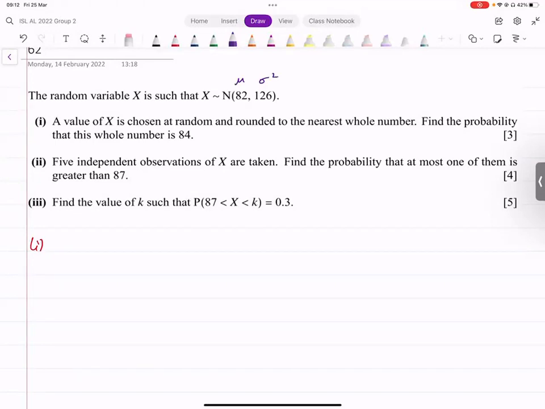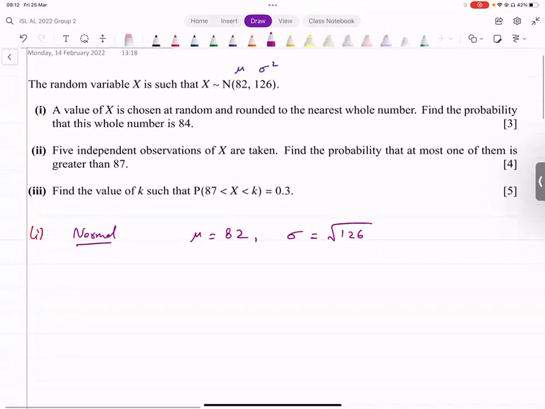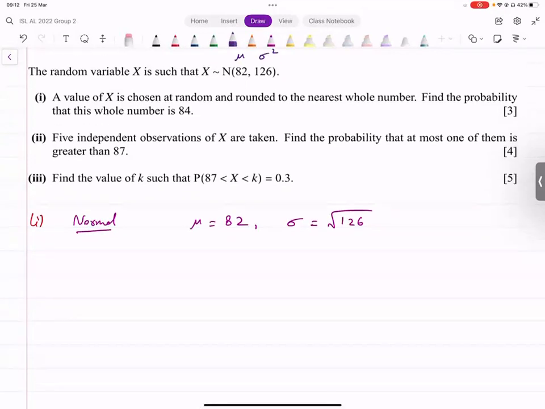So we've got a normal distribution where we know that mu is equal to 82 and standard deviation is square root of 126. Now value of x is chosen at random and rounded to the nearest whole number. Find the probability that this whole number is 84.